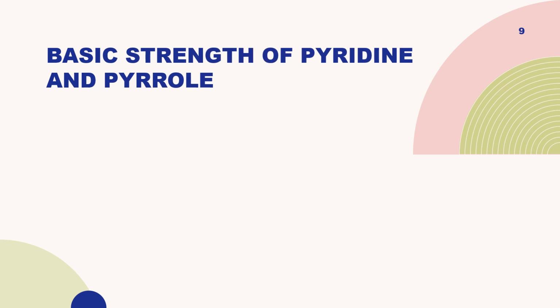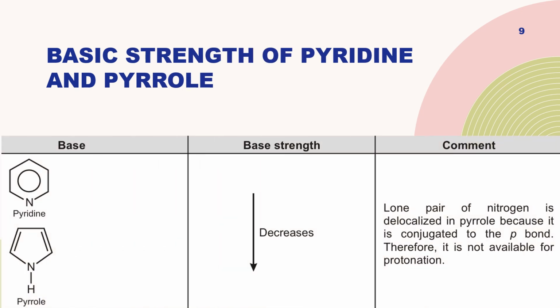Next one is basic strength of pyridine and pyrrole. The lone pair of pyridine is present in an sp2 hybridized orbital. That's why it cannot participate in conjugation, cannot make a pi bond with the p orbital of carbon.